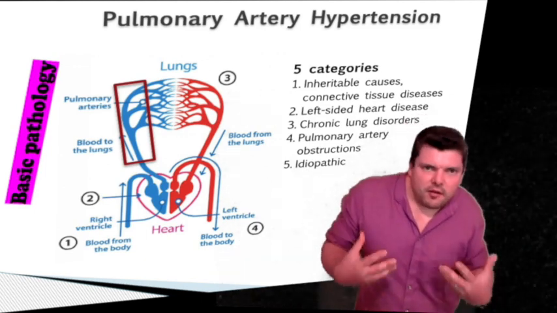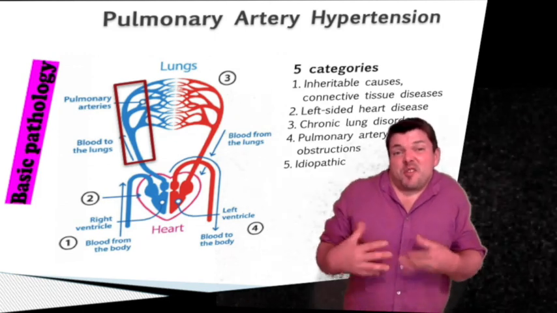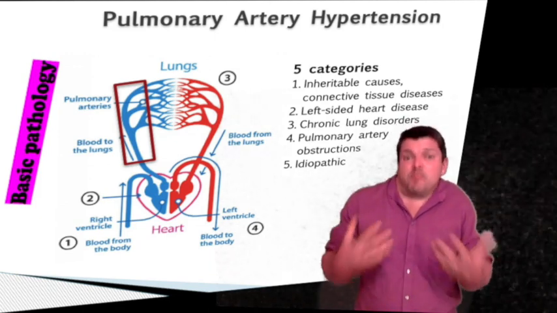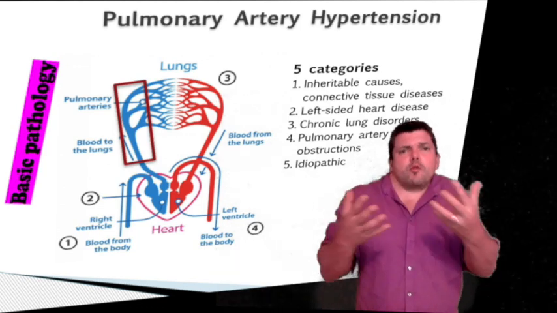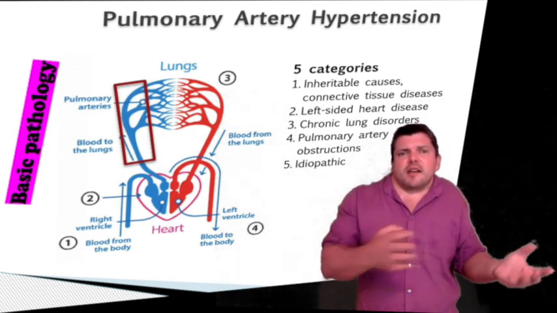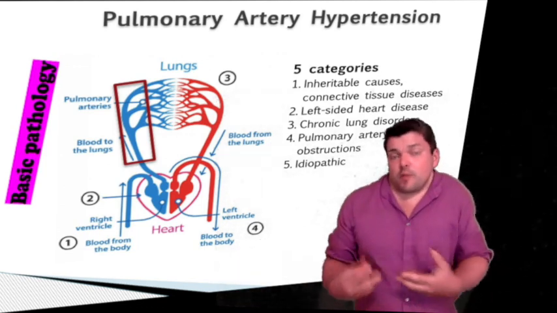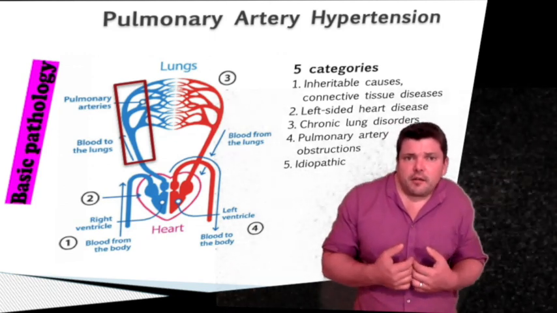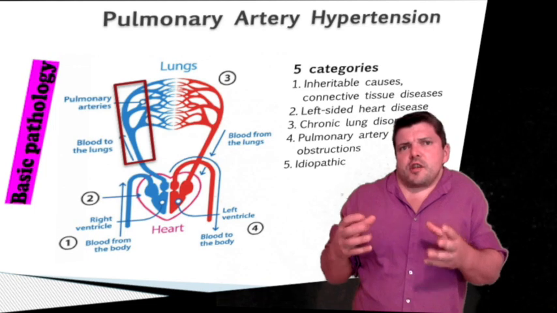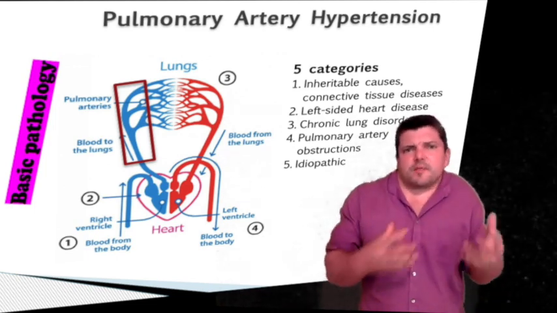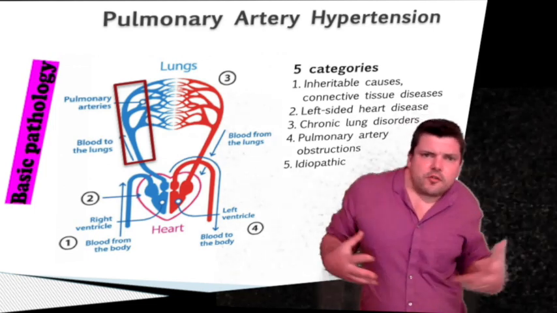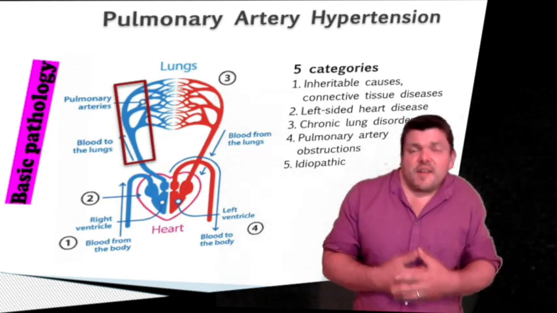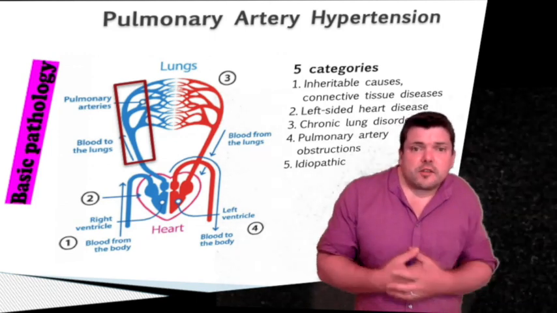The primary one is maybe the pulmonary vasculature just isn't built the way usual pulmonary vasculature is built, and hypertension is the result because of whatever structural change is going on within the pulmonary artery. If those structural changes aren't inheritable, maybe they're caused by something else, local fibrosis within the area related to connective tissue diseases, such as pulmonary fibrosis.